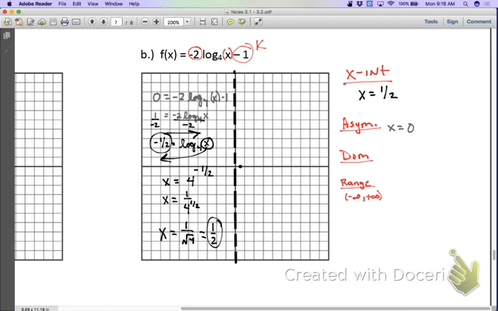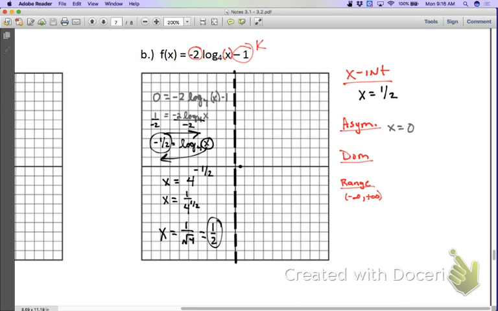Now, in this case, the only time there's really going to be something on the left side is if you have the x negative inside the parenthesis, or if you have something like a square, like x squared. 95% of the time, if not more, your log function is going to be on the right side of your asymptote. There are times that it's going to be on both sides, and we'll get to that in a second. But normally, like in this case, it's going to be on the right side.